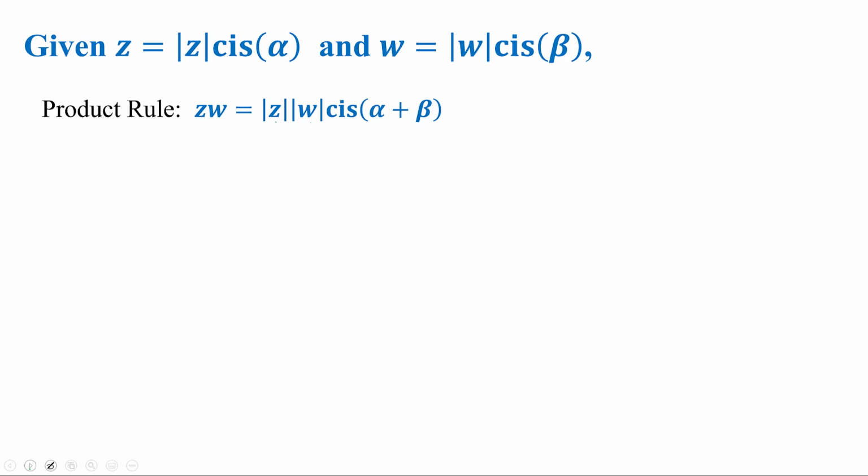The quotient rule is similar, but we're dividing: z over w is equal to modulus of z divided by modulus of w cis alpha minus beta.